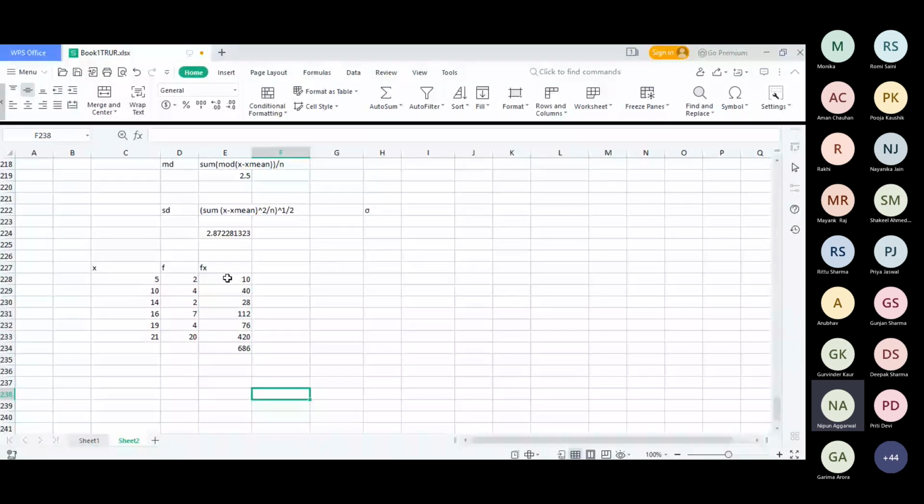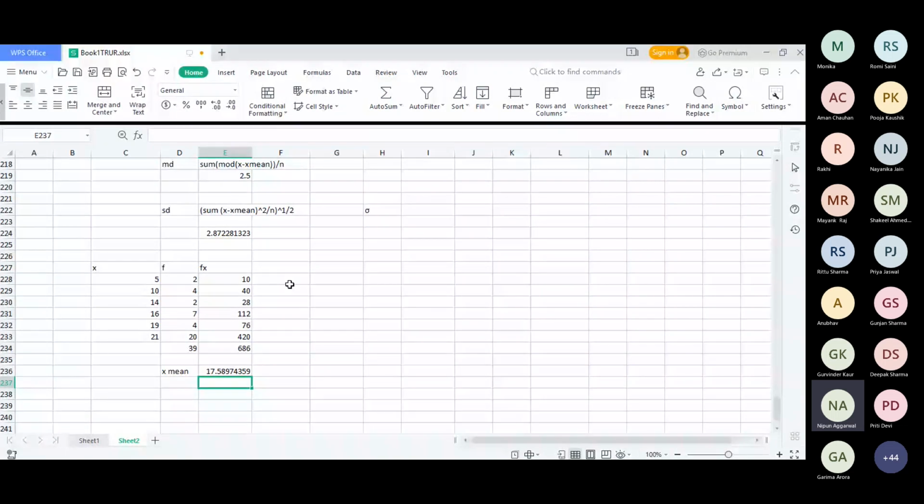Now if we calculate the mean x bar, x bar is equal to summation of fx divided by summation of f. So we have to make the summation of f also, which is 39. So the mean value comes out to be 686 divided by 39. That becomes your x mean.